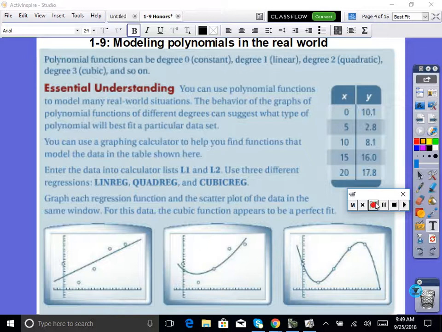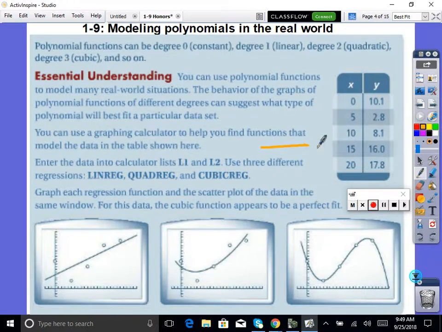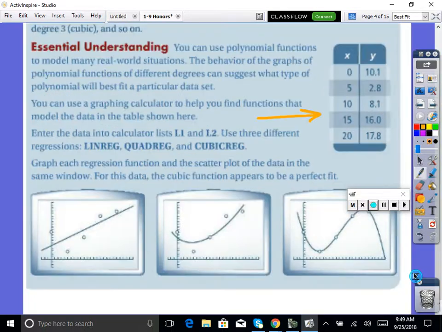So for example, we can have a bunch of data points, a set of xy points, and we can decide if it's linear or quadratic or cubic or quartic, all based on the line of best fit. So let's pretend that I graph those points. I'm not going to have you actually graph them. So just pretend right here, here are the points. I've graphed the points in that XY chart.